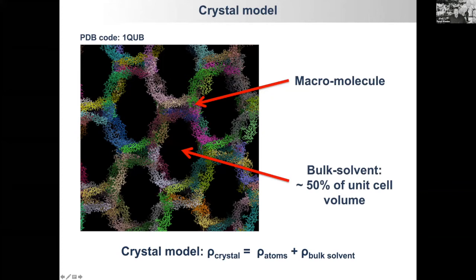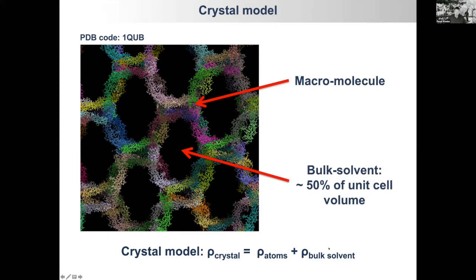So when it comes to modeling a crystal structure, we really should not think only about the protein model, but we also need to think about something else, which is bulk solvent. So the model that comes into refinement is actually two contributions that arise from the atomic model and bulk solvent.